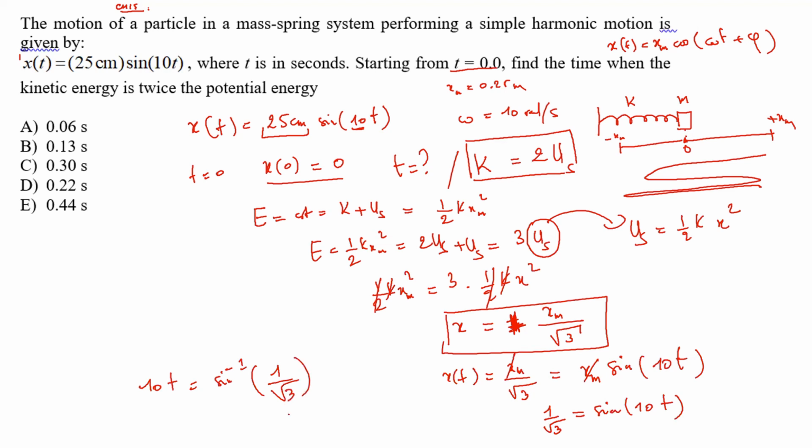Take your calculator. What is arc sine of 1 divided by square root of 3? 35.26. Thank you very much, Hawam. MashaAllah. So 35.26.